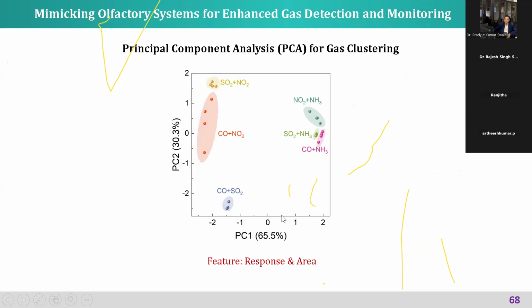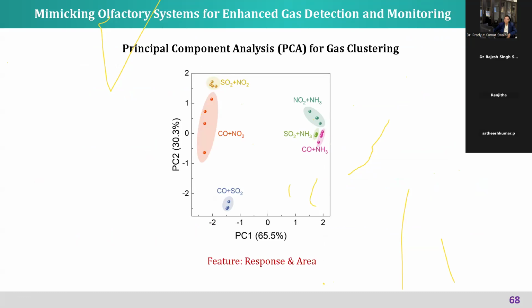Now you use the principal component analysis and find out how accurately you can define the gas concentration. Principal component analysis is nothing but putting all the data for different concentrations together.